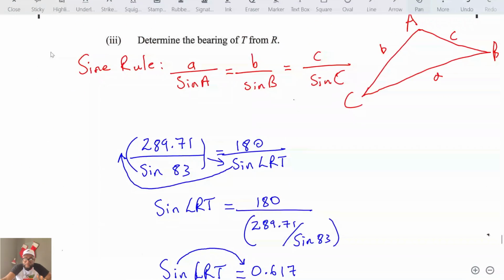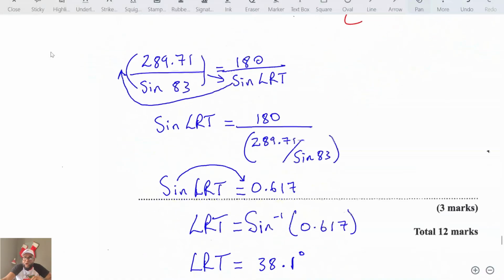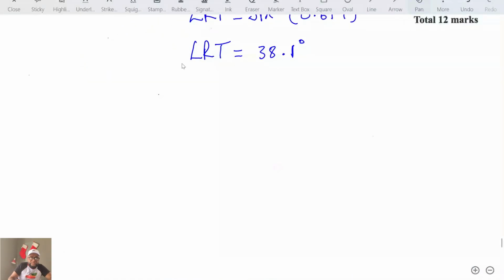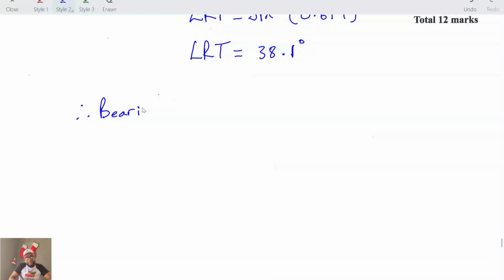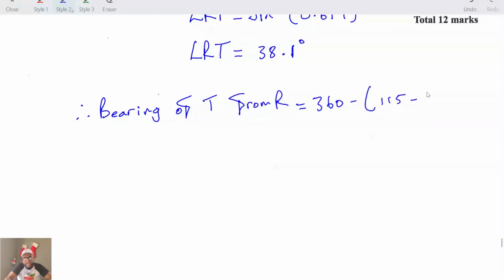What they ask us for is the bearing of T from R, right? So therefore, the bearing of T from R is going to be equal to 360 minus 115 plus 38.1.